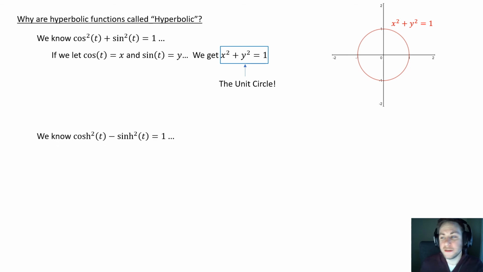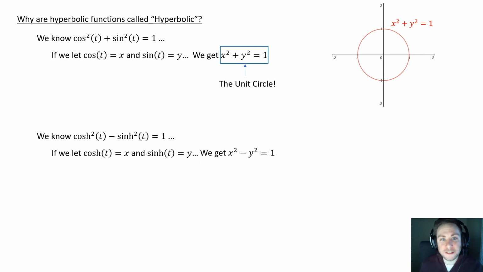So let's take this identity, which we now know is true, and in similar fashion, let's say cosh of t and sinh of t get represented by x and y respectively. If we do that, we get the equation x squared minus y squared equals 1. Now that equation would be less familiar to you, but it's commonly known as the unit hyperbola.